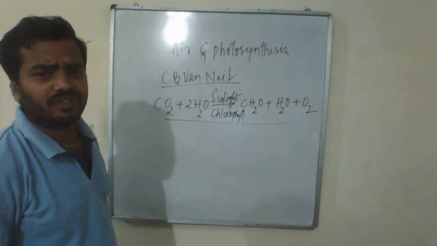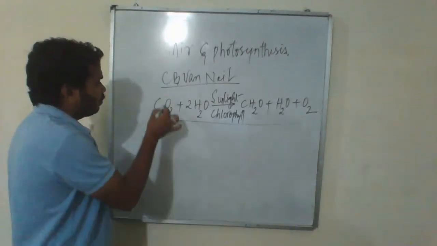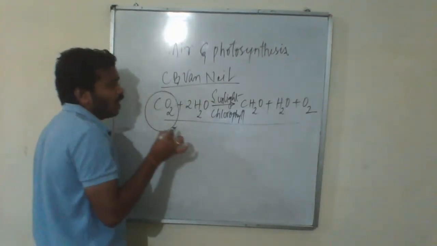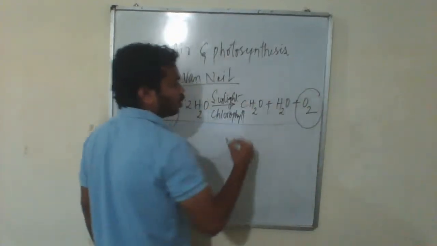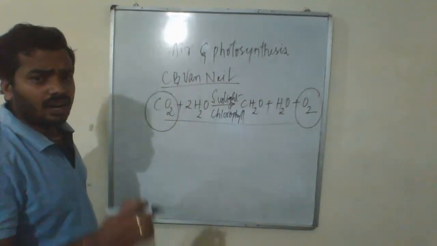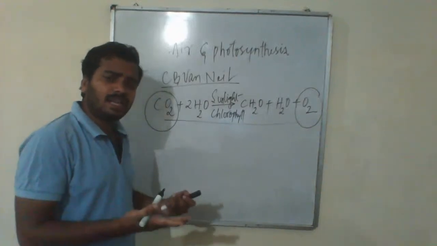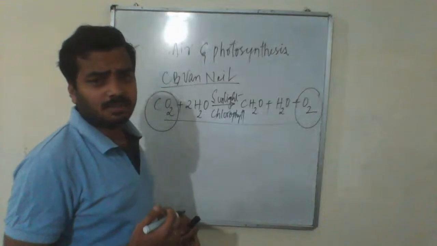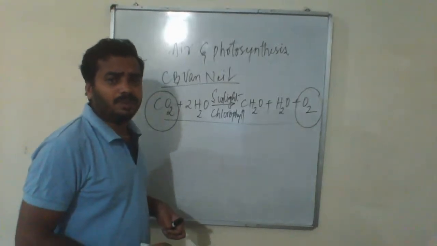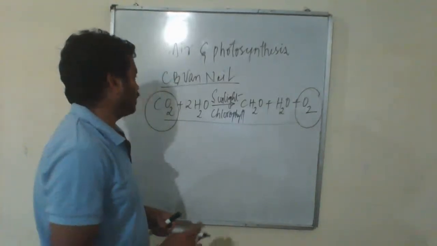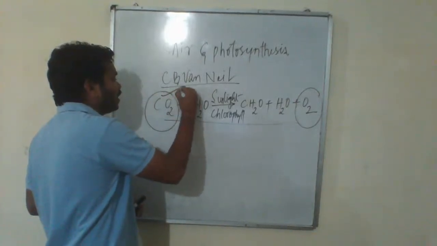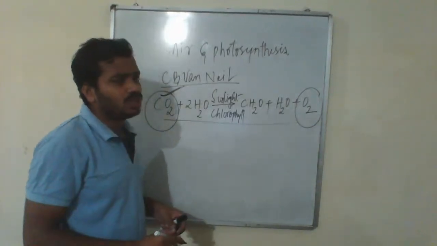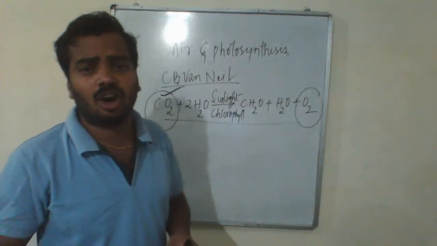From this reaction, you can observe that the plant uses CO2 and the plant liberates O2. So O2 is being liberated and it is used up by the organisms. That was proved by Joseph Priestley in a Bell-jar experiment. Whereas we have to see through an activity whether CO2 is actually used by the plant or not.